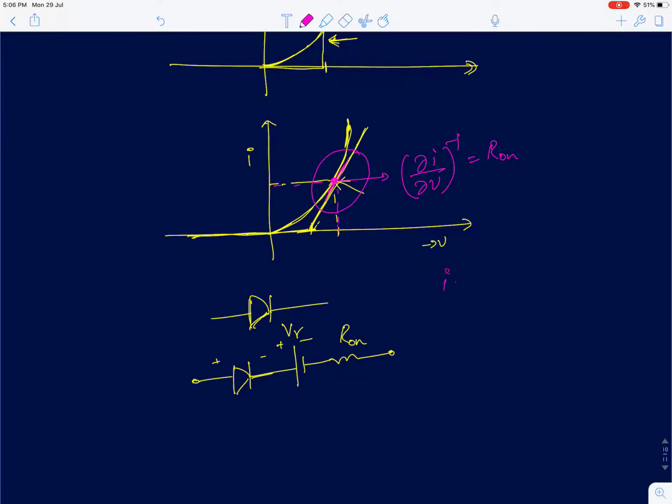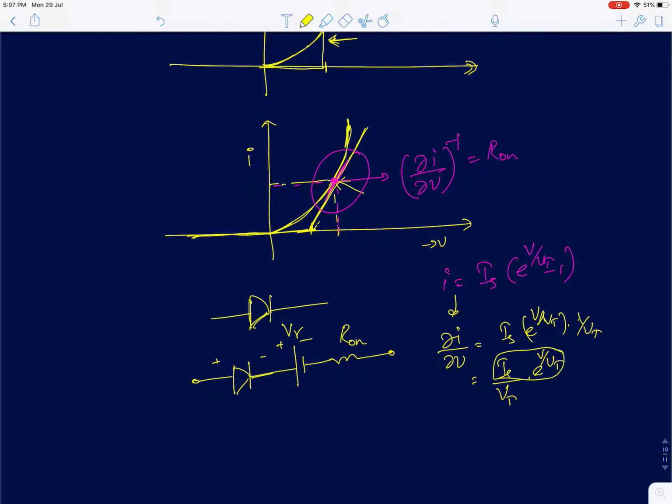Again, I is given by I equals Is times e power v upon Vt minus 1. From this we can compute dI by dv as Is times e power v by Vt into 1 by Vt. So this would be Is by Vt into e power v by Vt. Now this result I am going to call the quiescent current, so I diode quiescent by Vt.